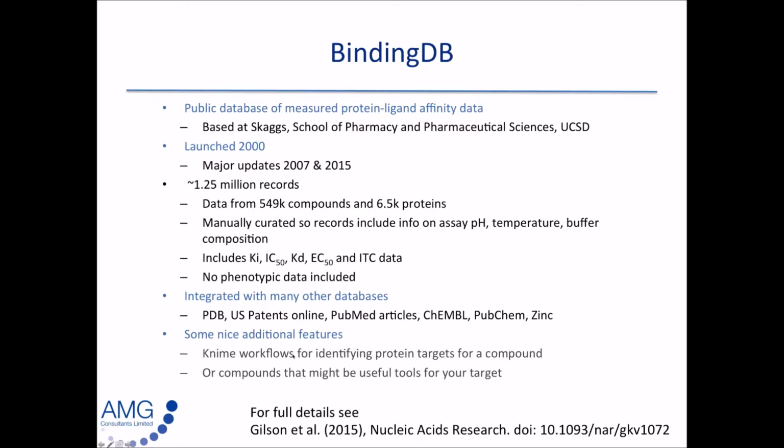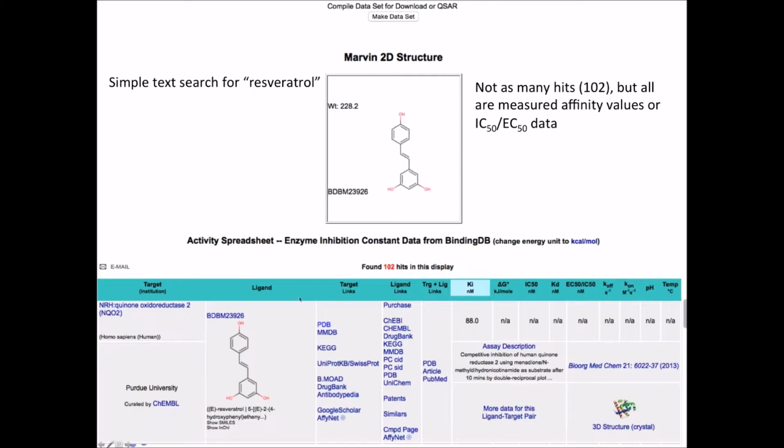But there are a couple of nice additional features that I thought you might like to know about. So first of all, let's show you what happens if you just search for resveratrol. There's a much smaller number of hits. There are 102 hits that you get. This was a simple text search, and this is one record from the output. This is the one that came up top. It's quite a busy interface. The information you really want is here.